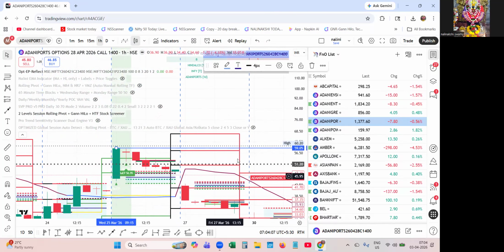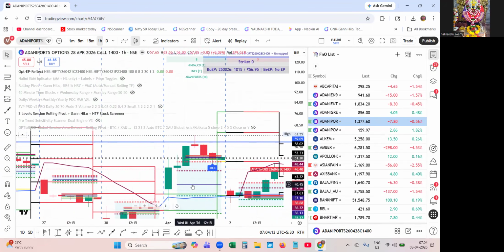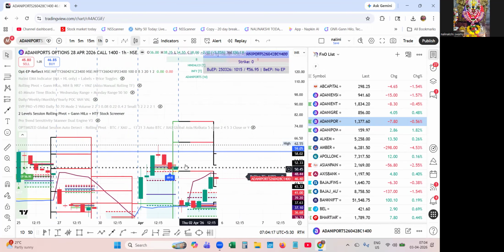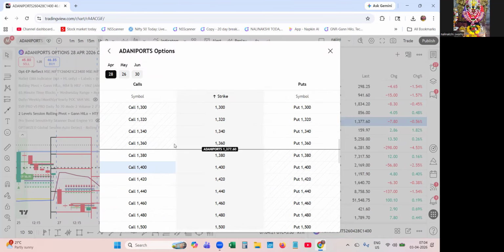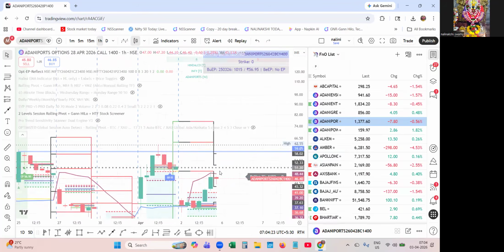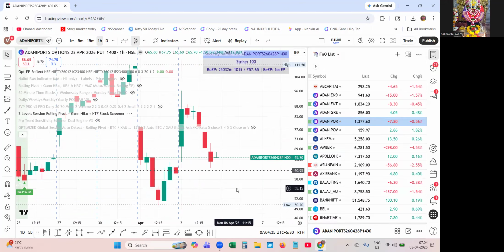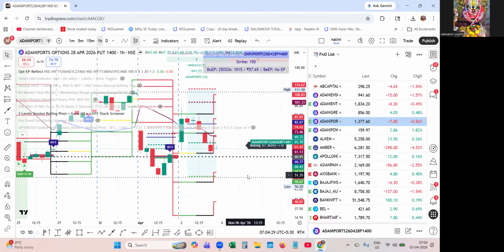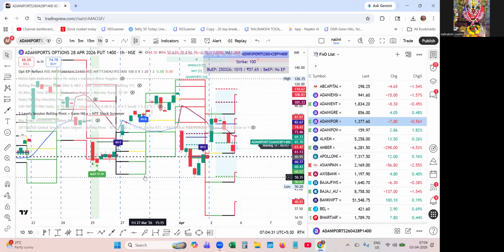If I see the level, the price is running at 46 rupees. Let us check the 1400 put option simultaneously. It has given EP at 57 rupees 65 paise.